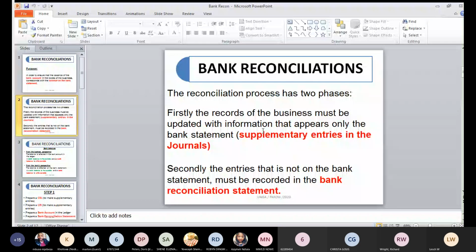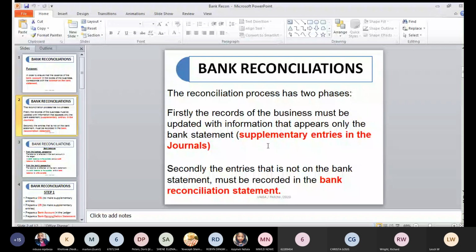So the reconciliation process has got two phases. First, the business must update the information that appears only on the bank statement. Because when you are doing bank reconciliations, you are going to compare what is in the business's records and what is only on the bank statement.